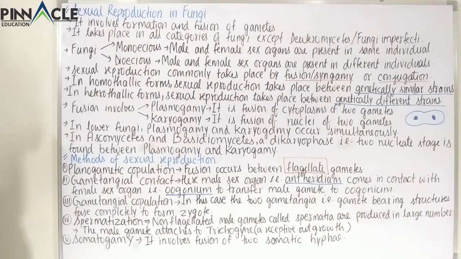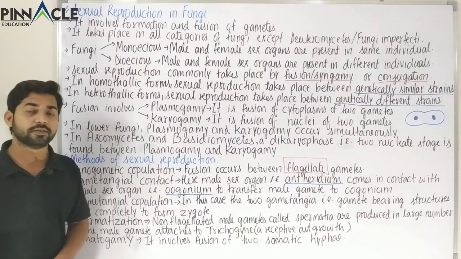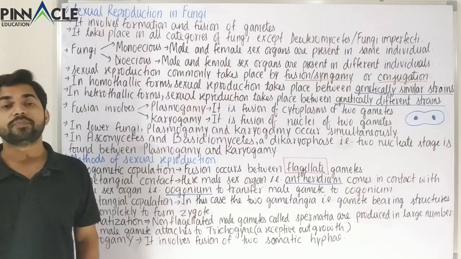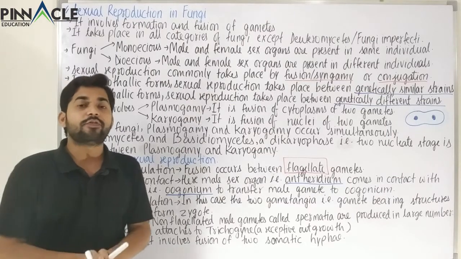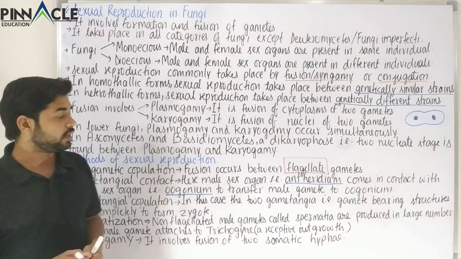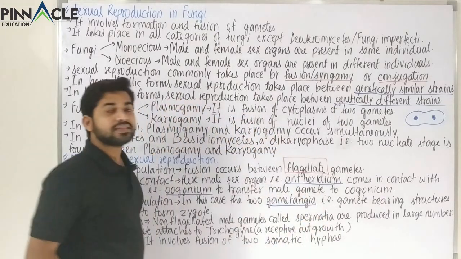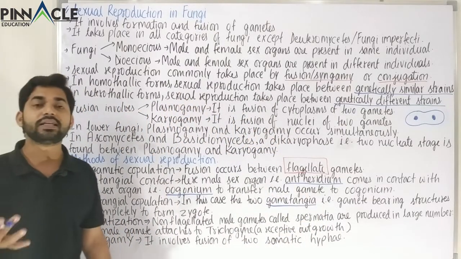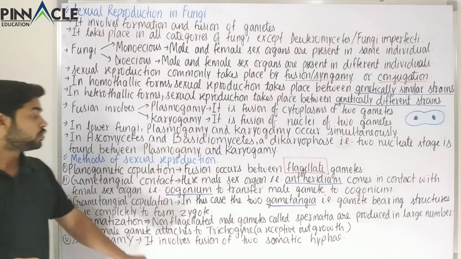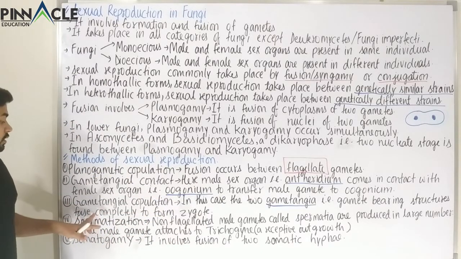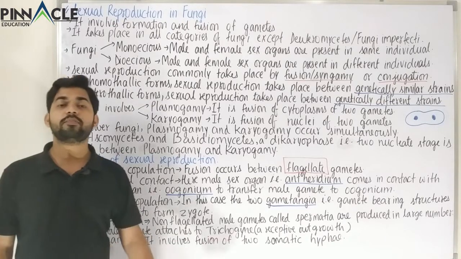Now the third type is gametangial copulation. It involves complete fusion of 2 gametangia. In the case of fungi, there is a structure called gametangia. It bears the gametes, so these are gamete forming or gamete bearing structures. In this case, the 2 gametangia fuse completely to form the zygote.